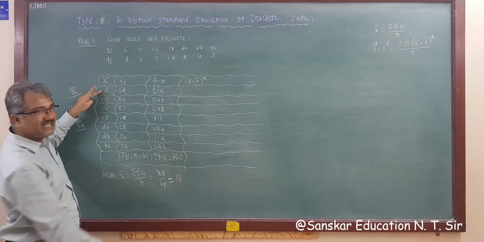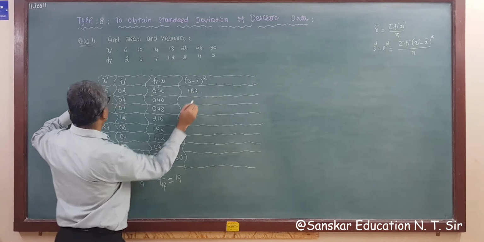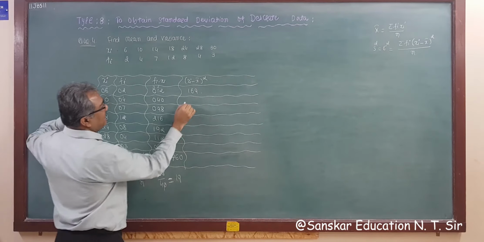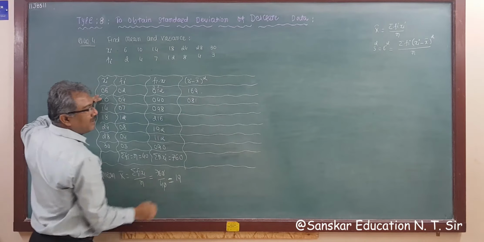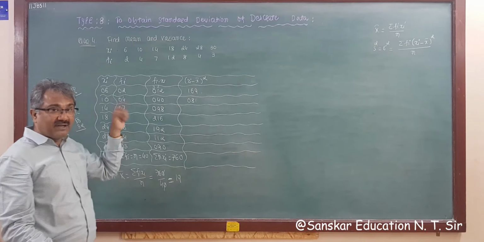So 6 minus 19 is 13 in magnitude, and 13 square is 169. 10 minus 19 is 9, and 9 square is 81. Remember, keep in mind, these are squares, so you have to take the square of the difference.